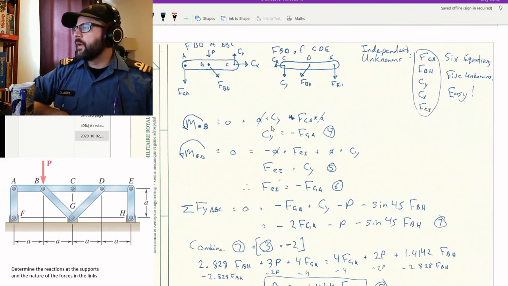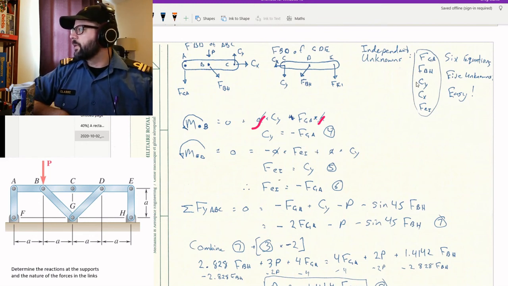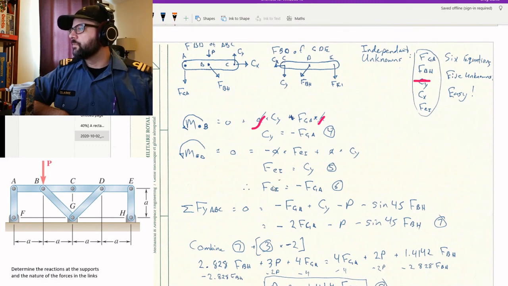Working from there, ACY plus FGAA, cancel out the A's, gives us CY is equal to negative FGA. All right, congratulations. We already got rid of one of our independent unknowns. I'll call that equation 4 here.